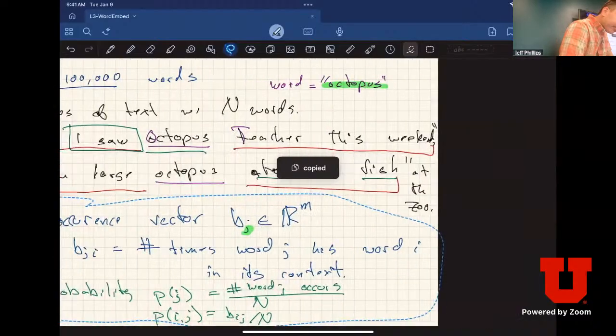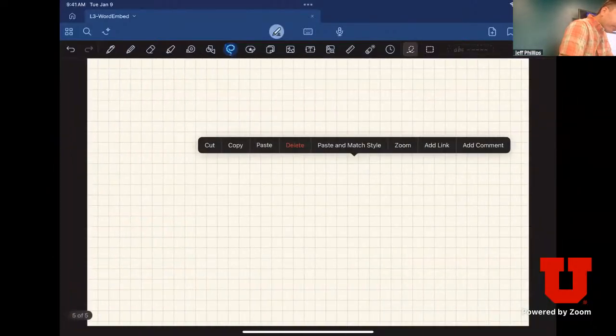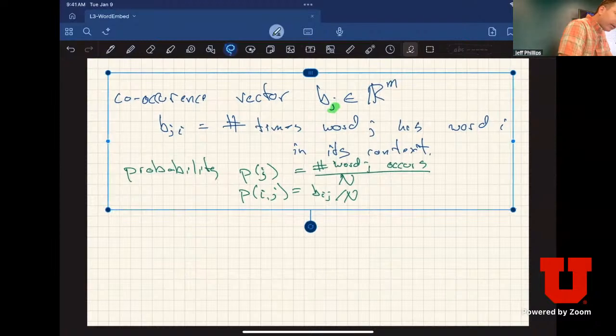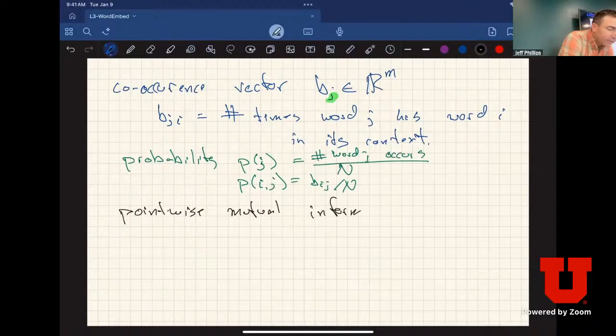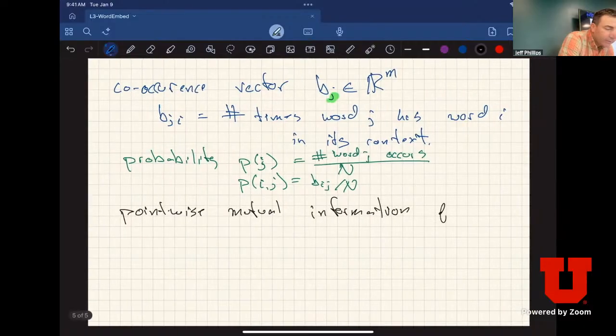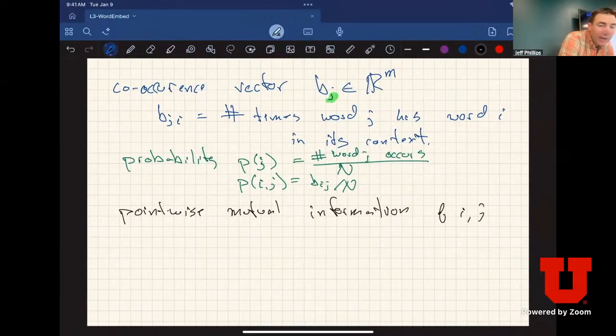What I want to define is something called the pointwise mutual information of i and j.